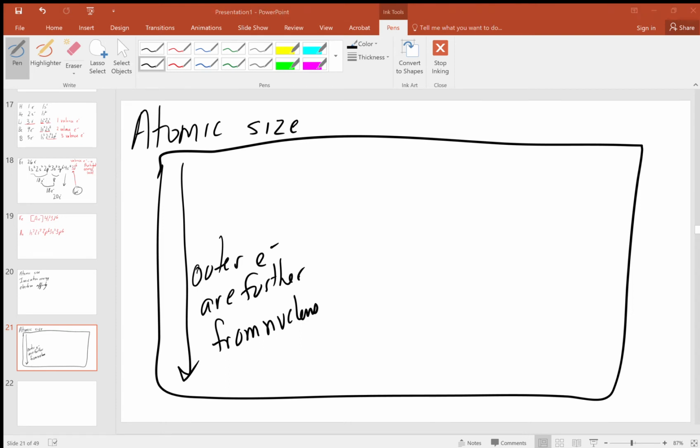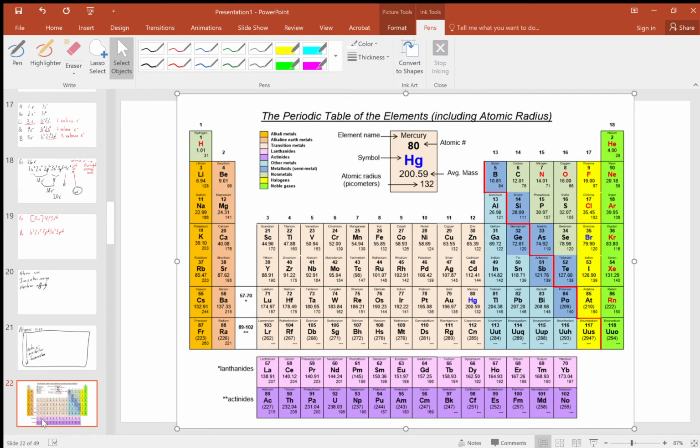So let's bring this chart in. This chart, as you can see, is atomic radii placed within the periodic table. And so if you look right down group 1, you can see as we go from hydrogen to lithium, that's 1s versus 2s, to sodium is 3s. The radii, which are all listed in picometers, are generally going up.